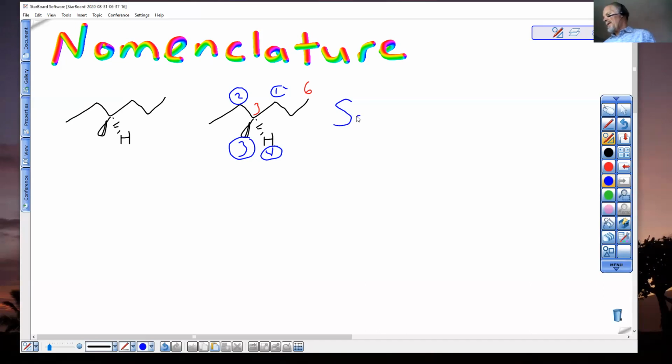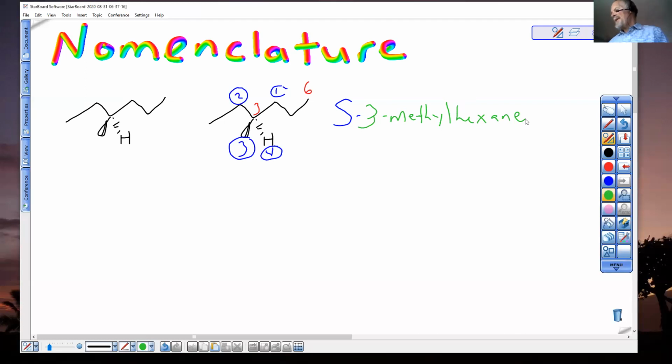And there's a methyl on carbon 3 of a 6-carbon chain. And that was our earliest nomenclature, alkanes.